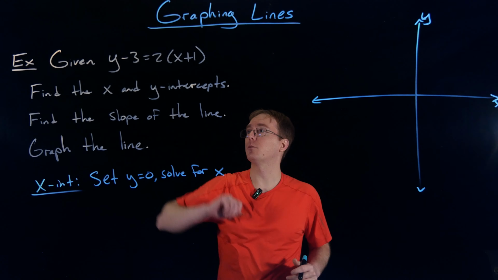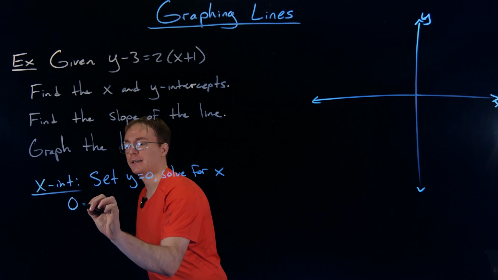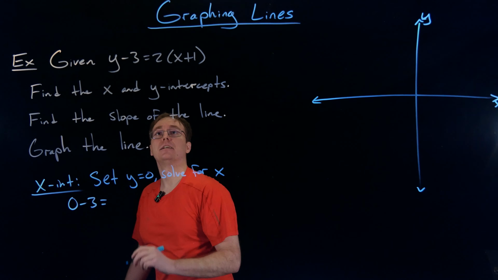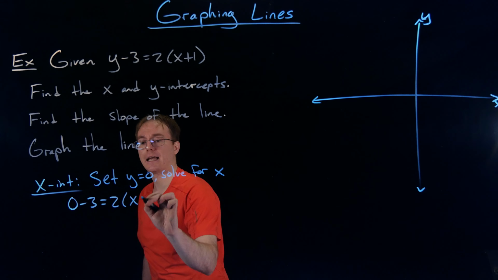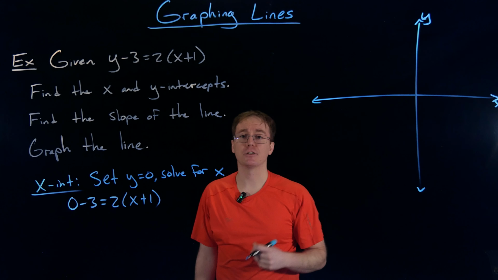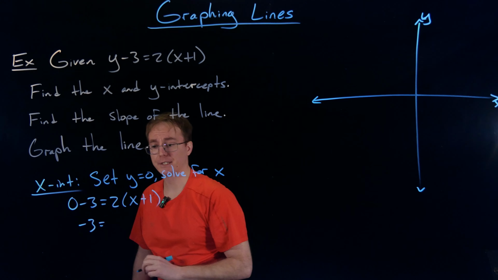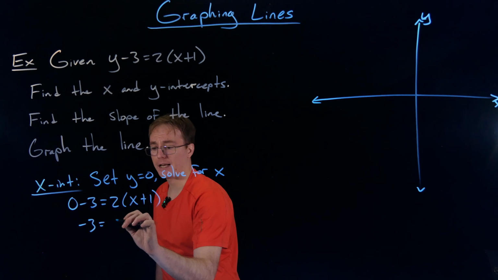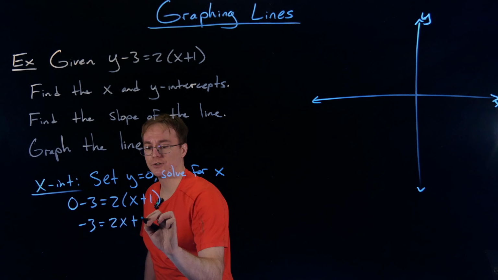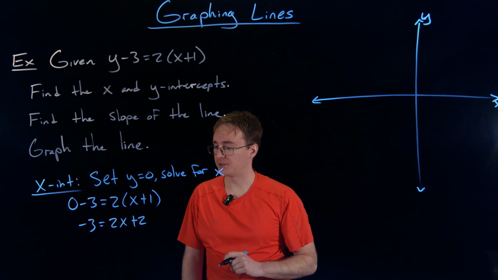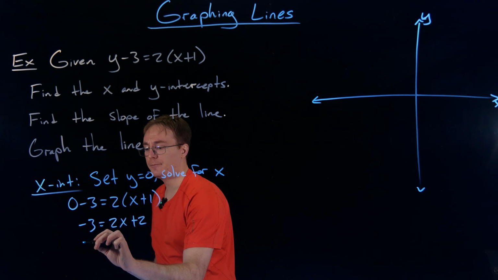So we're going to plug y equals 0 into our given equation. That gives us 0 minus 3 is equal to 2 times the quantity x plus 1. And now we have to solve for x. Well, the left-hand side simplifies to negative 3. We can expand the right-hand side to give us 2x plus 2. Now to get x by itself, we want to subtract 2 from each side.